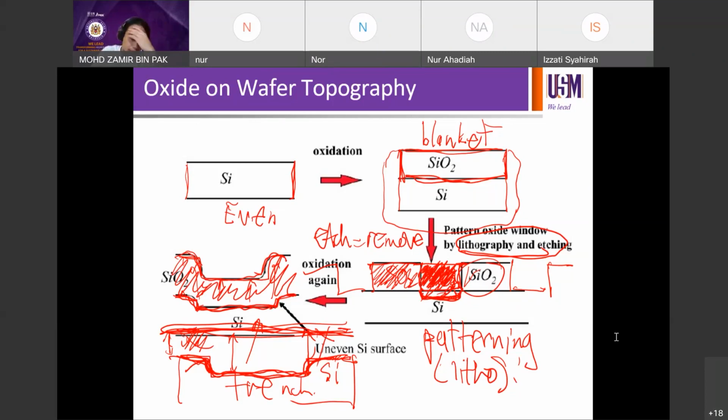So the growth rate is not uniform throughout the surface. So that's the thing. The answer is not uniform. That's what I want you to understand from this slide. Okay, don't worry about the patterning yet. Don't worry about the etching of silicon after patterning, because that's going to be covered in lithography and etching respectively.